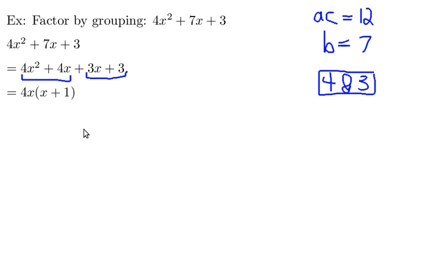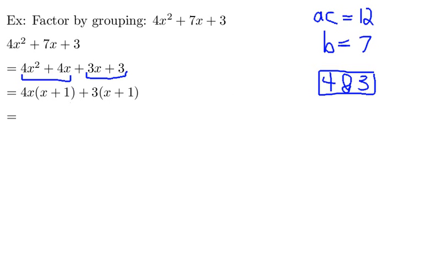Okay, but now that that's out of the way, that'll really, really hurt you if you forget that. And then from this second term, we can pull out a 3 out of each of these, so we'll have 3 times x plus 1. So, from here we can see that now we have an x plus 1 common to both of these. So, we can go ahead and pull out the x plus 1.